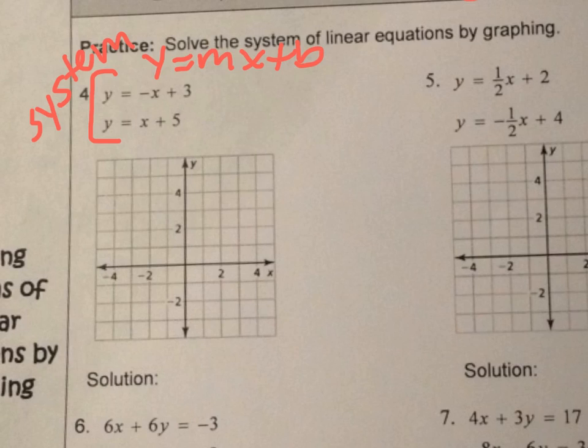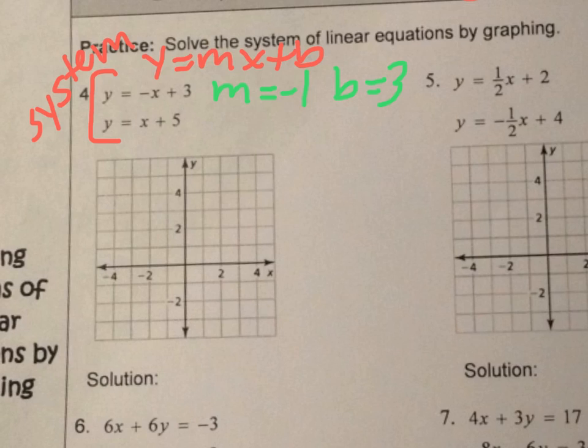Now we need to identify both the m and the b in each equation in order to graph it. Let's start with y equals negative x plus 3. Our m, the slope, is equal to negative 1 because that's the number in front of x. And b is equal to 3 because that's the number that is by itself.